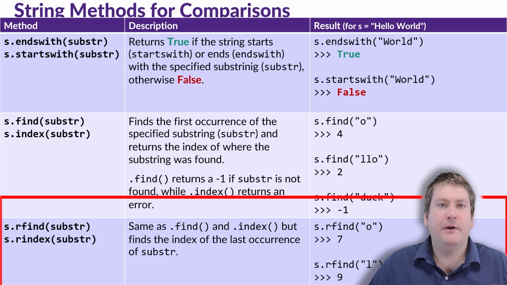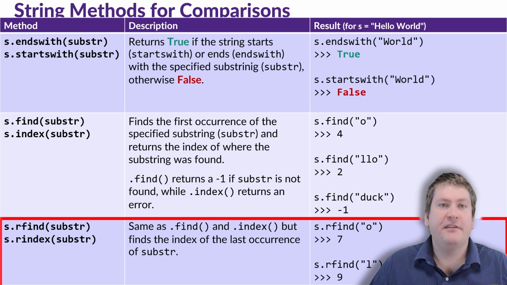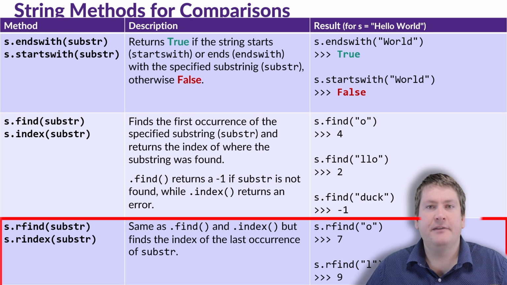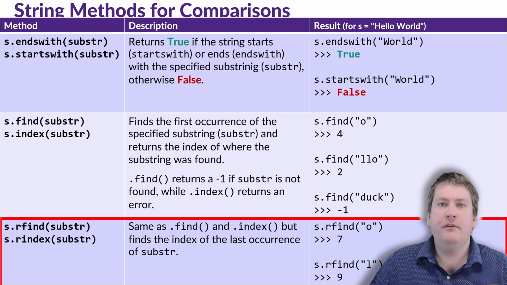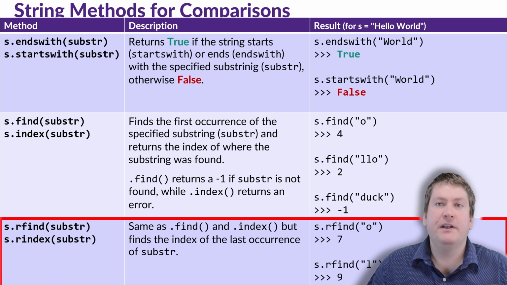So the next methods we want to look at are very similar. They're rfind and rindex. They're the exact same idea as find and index, except they start searching from the right-hand side. So in the example right here for rfind, we're searching for the letter O in the string hello world. This time though, it finds the O in world because it's starting from the right-hand side and moving to the left.